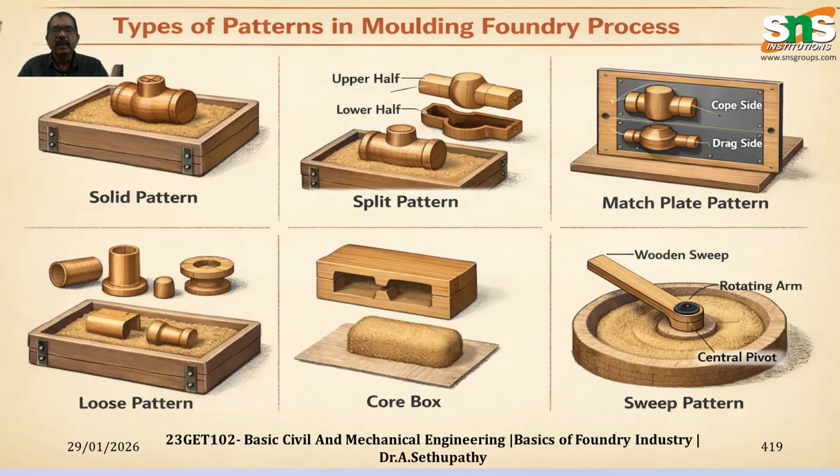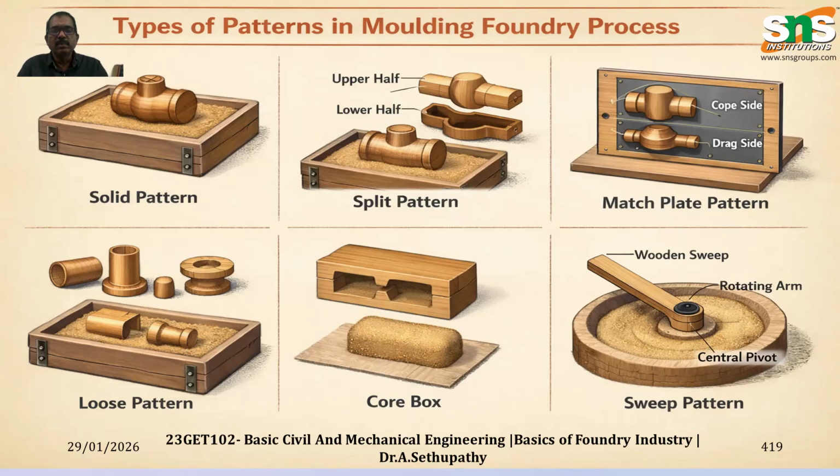For example, if the product has four parts that we assemble, we make all four parts at the same time in the molding. Four patterns are fixed on the same plate, and that is called the match plate pattern.